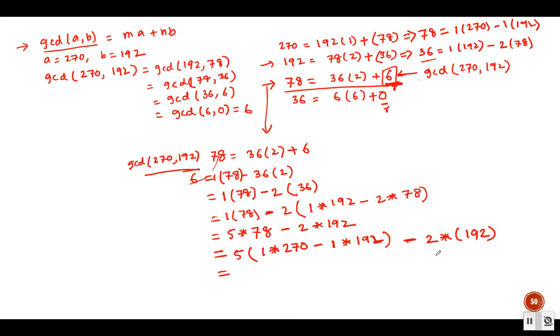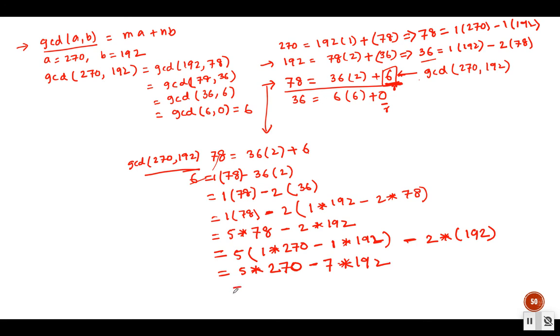Here I just have to calculate how many 270 and how many 192 I find. Overall I find 5 times 1, 270. I said 272, but it's actually 270. So 5 times 270. And here I have minus 5 and here minus 2, so that gives me minus 7 times 192.